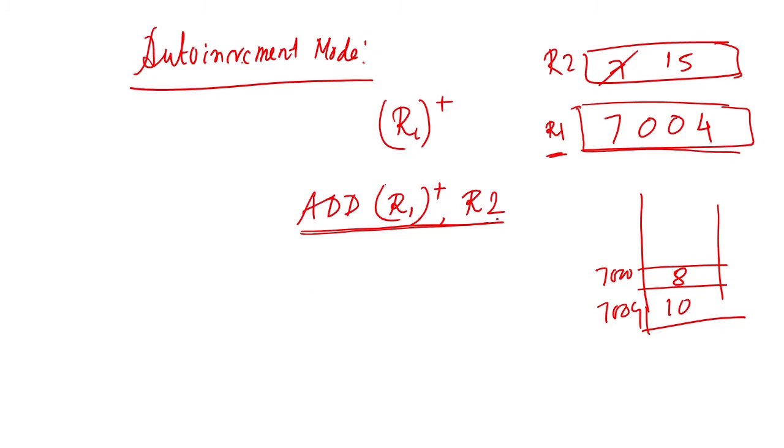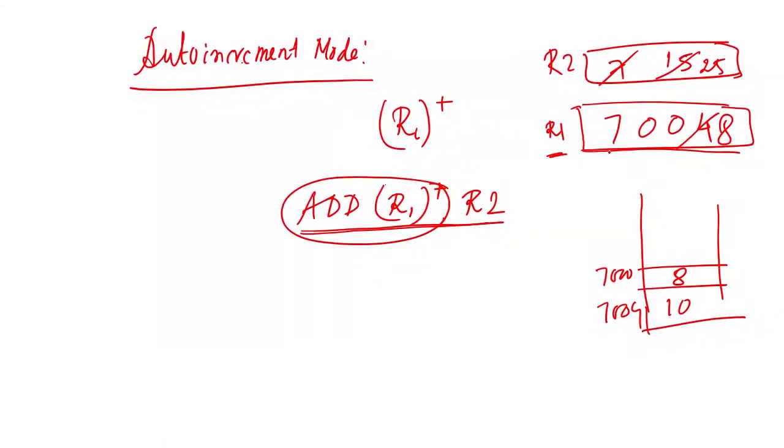So, now it will be 10, 15, so this will be 25 and R1 will change to 7008. So, that is the task of the auto increment. The address will be incremented not by 1 but by 1 word, that means by 4 if the word length is 4 byte.